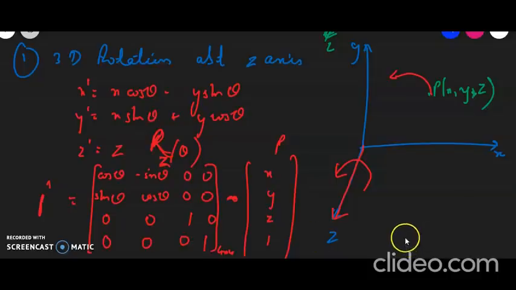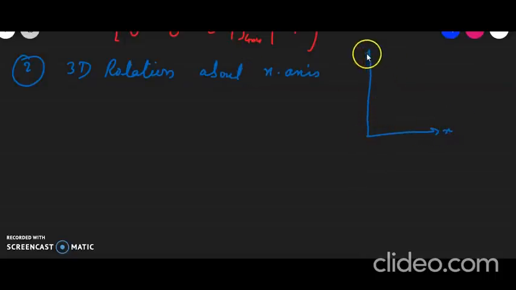Similarly, now we see the second matrix. Our second rotation transformation is 3D rotation about x-axis. So x, y, and z.